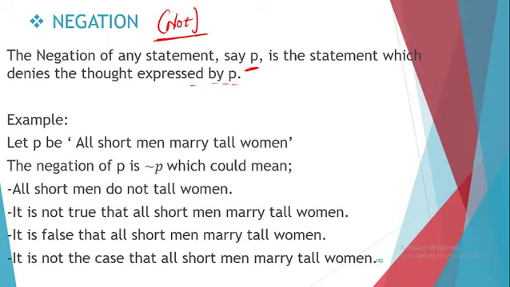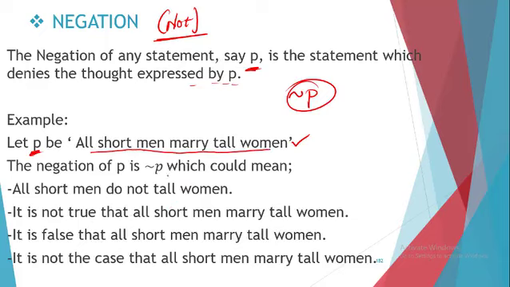Let's assume that P is our statement, then the negation of P is written like this. Now we have an example. Let's say our P is equal to all short men marry tall women. Is it true?